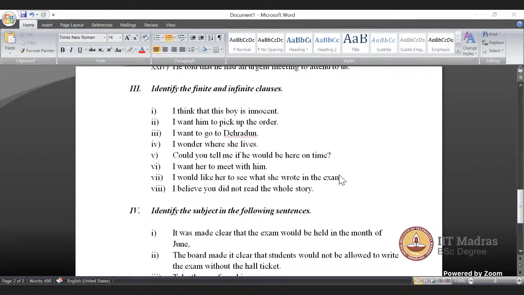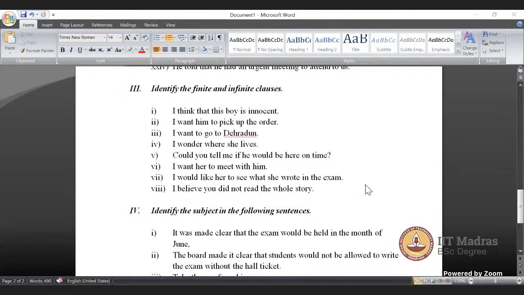Could you tell me if he would be here on time? What's the clause part here? If he would be here on time. Is that finite or infinite?